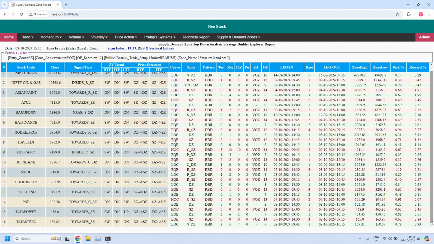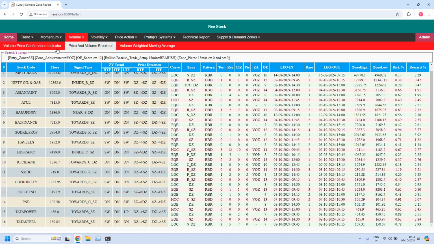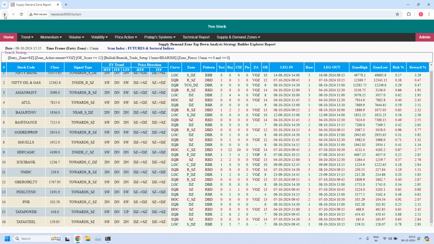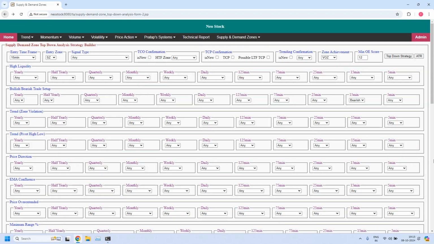Let's verify out of these 16 how many are having ITF supply zone confluence. That means 15 minute supply zone should have confluence with 75 minute supply zone. That means 15 minute supply zone is part of 75 minute supply zone. Let's verify.